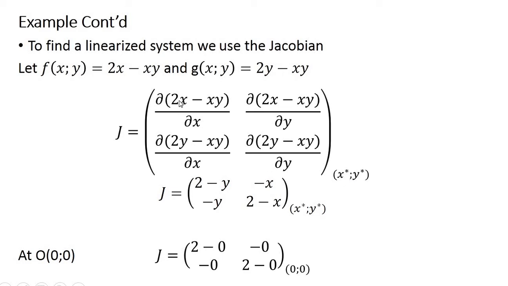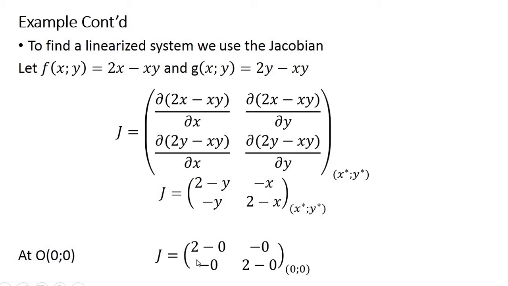Differentiating f with respect to x, you get 2 minus y. With respect to y, you get minus x. For g, differentiating with respect to x, you get minus y, and with respect to y, you get 2 minus x.